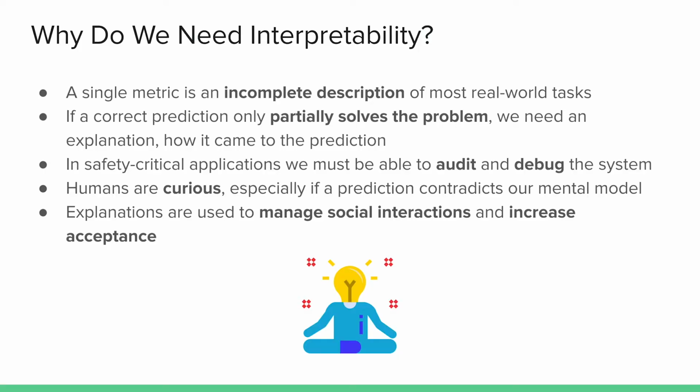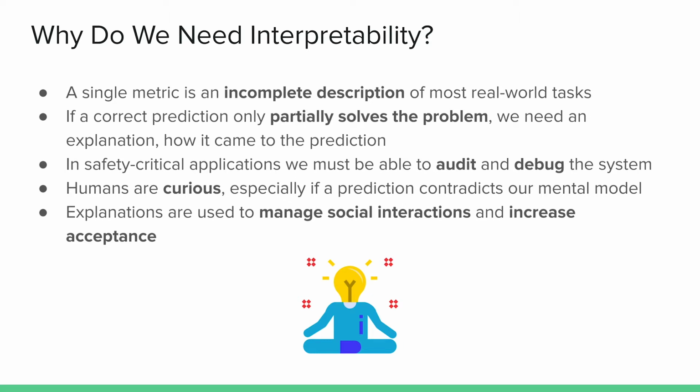Why do we need interpretability and explainability at all? I think I already stated a couple of reasons, but speaking more about the technical reasons, when we train a model, we define a certain performance metric that we measure our performance with, and that single metric might be incomplete.